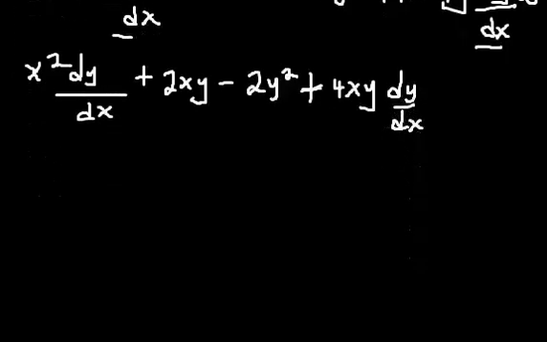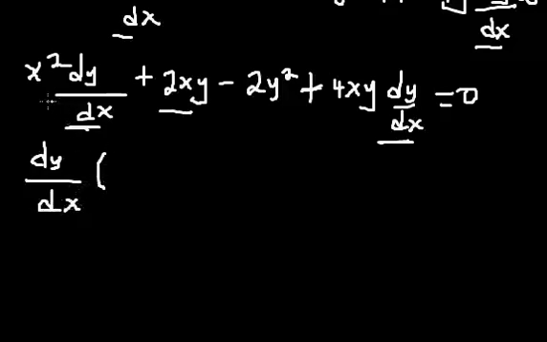So collecting like terms, how do I collect like terms? I collect all the expressions that have dy/dx together, then I take the ones that don't have dy/dx to the other side of the equation. So let's do that. If I collect these like terms, I can now factorize. dy/dx is the common factor.